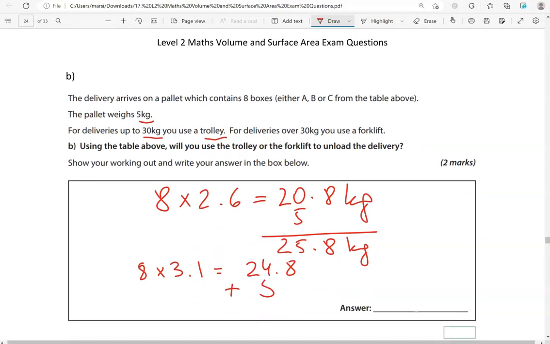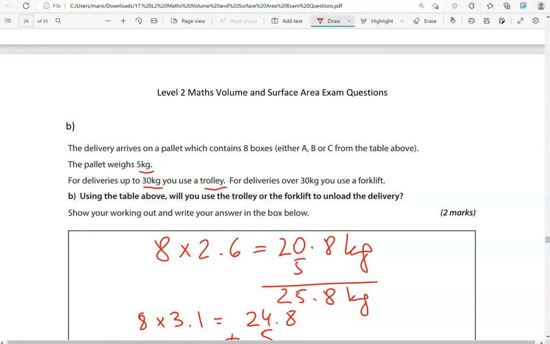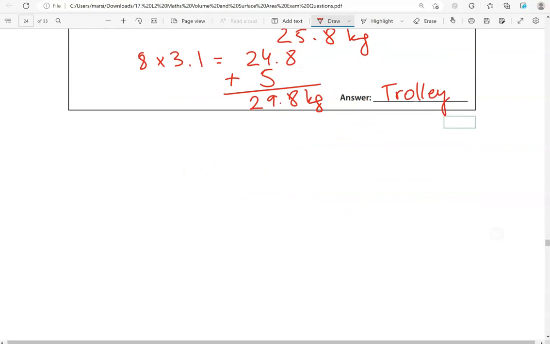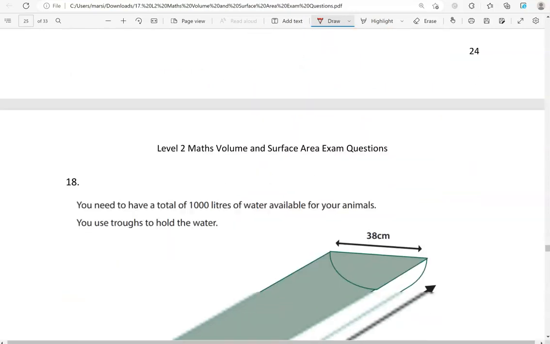Add 5 to that, gives us 29.8 kilograms, which again is within 30, so up to 30. So we're going to say trolley. Because in all eventualities, they will need to use a trolley.